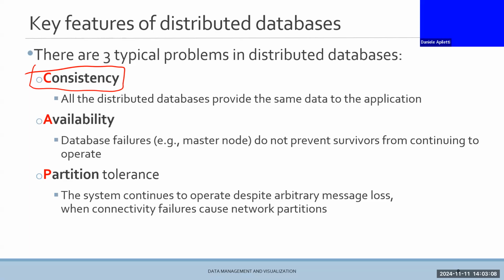If you look at that from the hard disk point of view, if you have one hard disk, probably it works for years without a failure. If you have hundreds of hard disks, some failures happen every month. If you have thousands of hard disks, every day there is a failure.